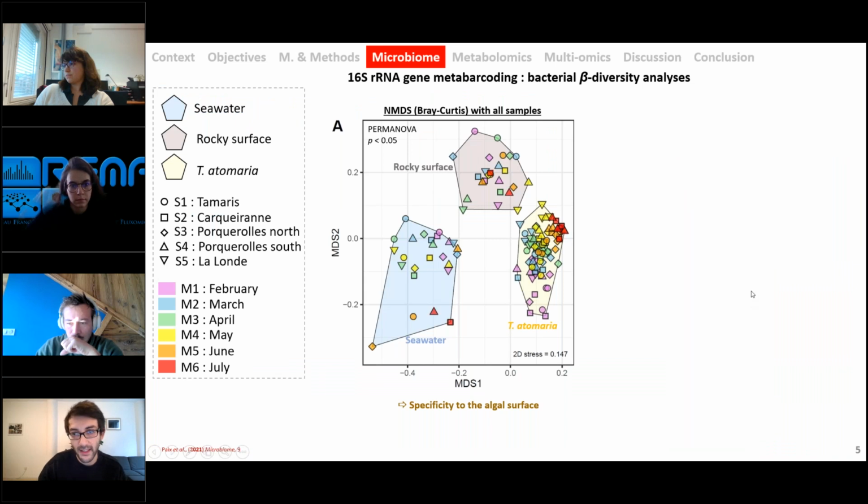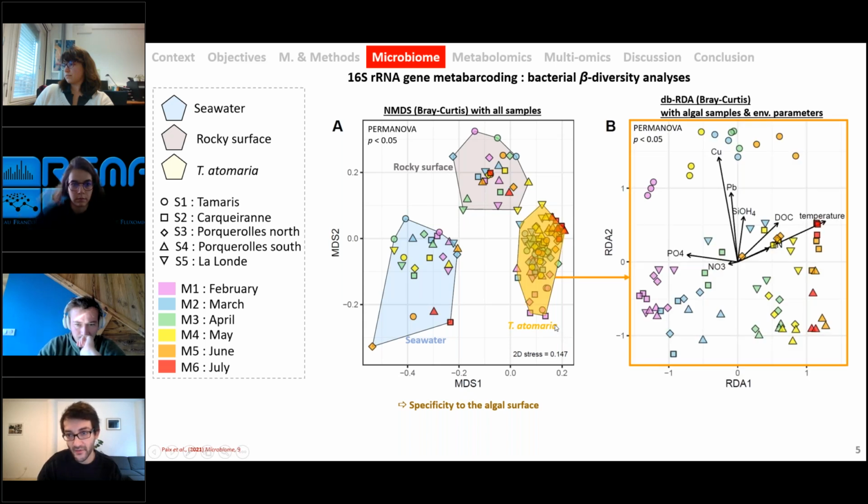For the bacterial diversity in our samples, what we observe with this multivariate analysis is that we have clear differences of diversity within the 3 different sampling types: the seawater, the surface of the rocks, and the surface of the algae. And when we focus on the surface of the algae, we can see that there are also some interesting patterns about the diversity.